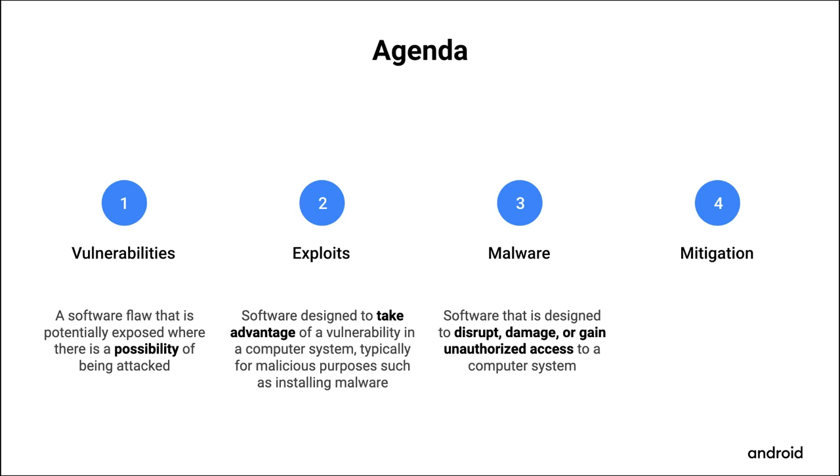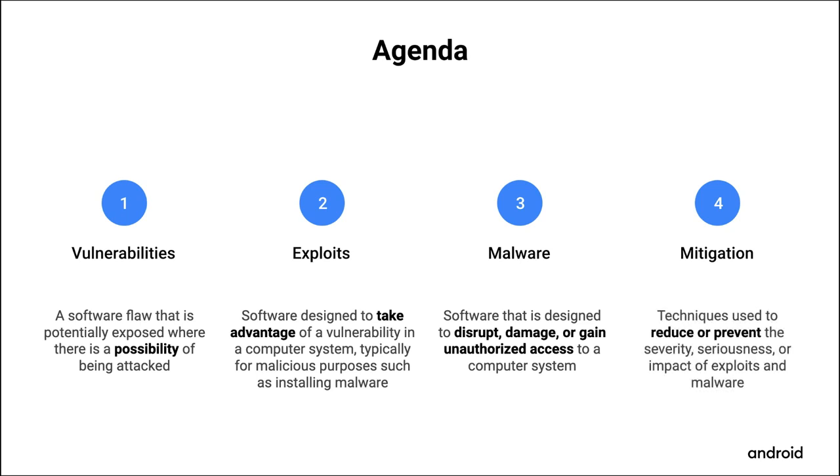So we see the progression here. Vulnerabilities are a chance. Exploits are software written to try and take advantage of that potentially exposed vulnerability. And then malware is a vehicle by which hackers attempt to get exploits onto devices to take advantage. So right there, you've got 3 steps in a very tall ladder. You have to build malware that delivers an exploit that then takes advantage of vulnerabilities.